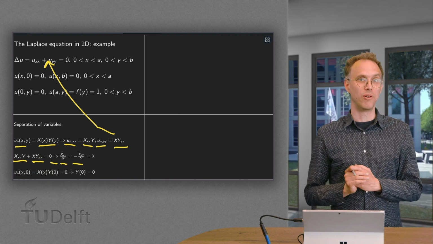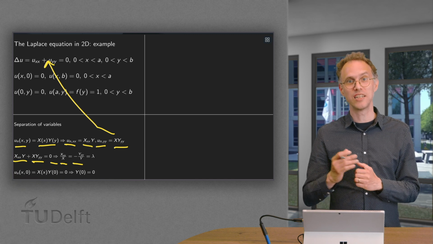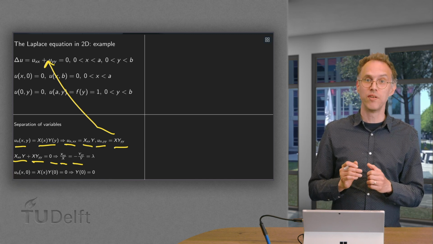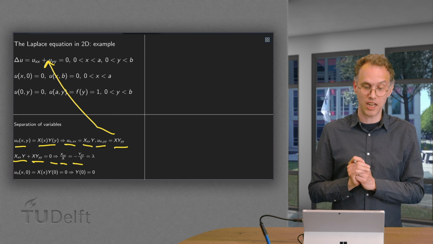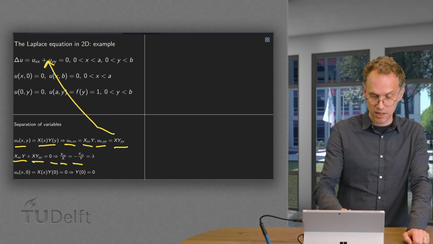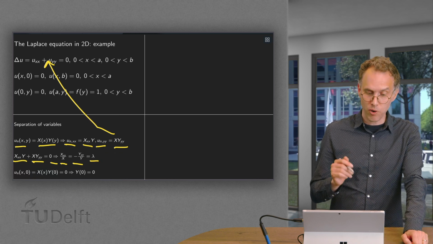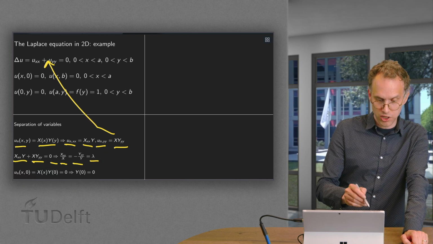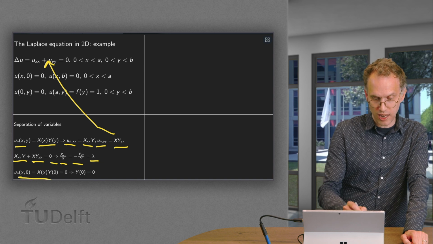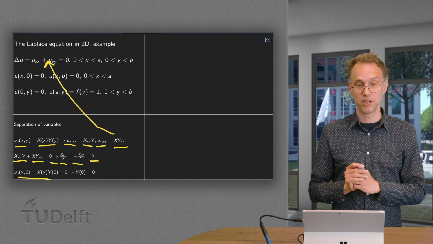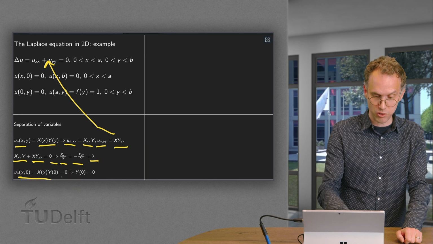The left-hand side only depends on x. The right-hand side depends only on y, which means that X''/X is a constant, lambda, equals minus Y''/Y. Furthermore, we look at the boundary conditions. u(x,0) equals X(x) times Y(0) has to be equal to 0.